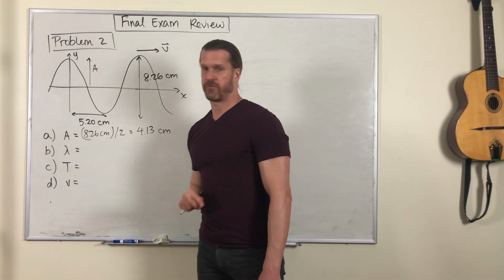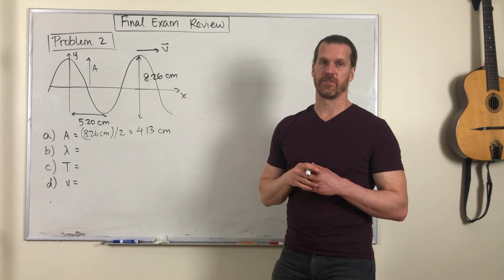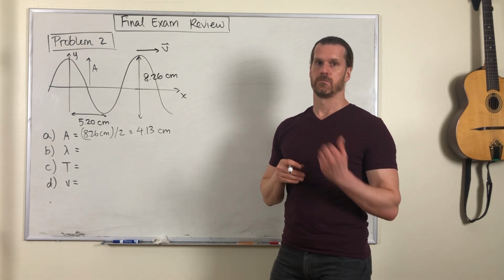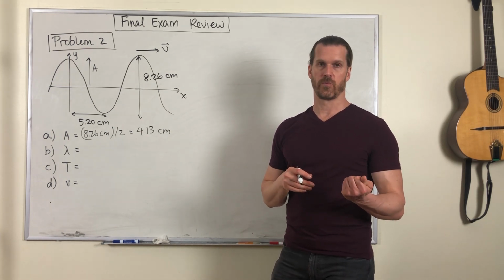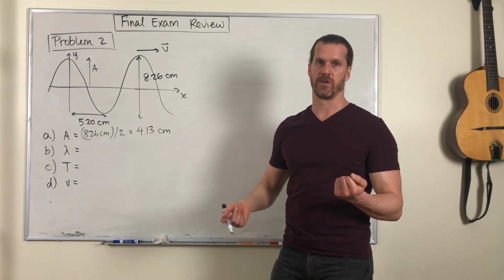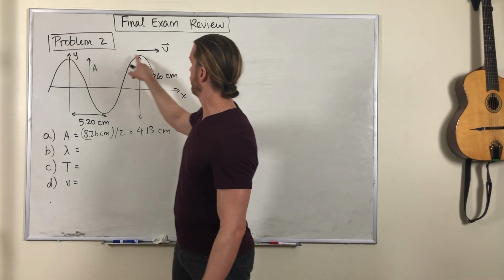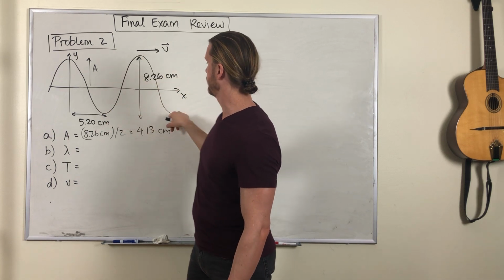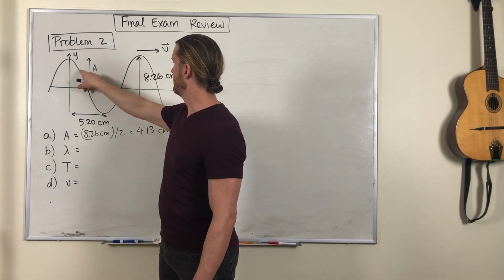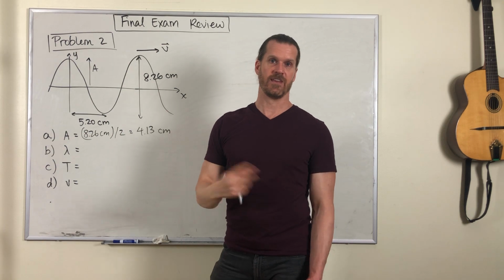And the next thing we're asked for is the wavelength. The wavelength is the distance from one point on the wave to the next identical point on the wave. That could be from a crest to a crest, or a trough to a trough, or any identical point to its next identical point.